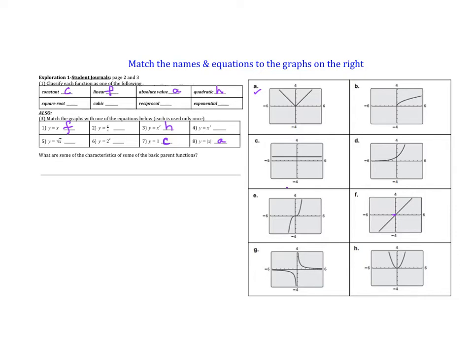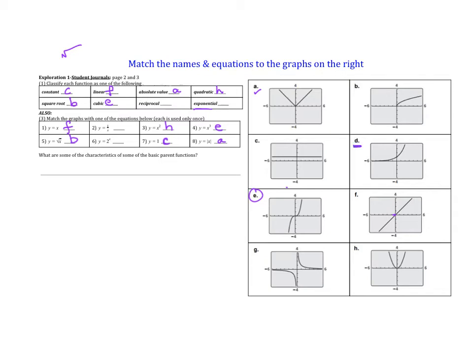And let's look at square root. So remember, square root looks like this. So that is going to be B. B, square root, and then the square root is here. So square root of x, that is B. Cubic, think about x cubed, right? That is letter E right here. Cubic is E, and that equation is here. So x cubed is our cubic. Now, exponential, you might know, or reciprocal. Let's start with exponential. What did we not choose yet?